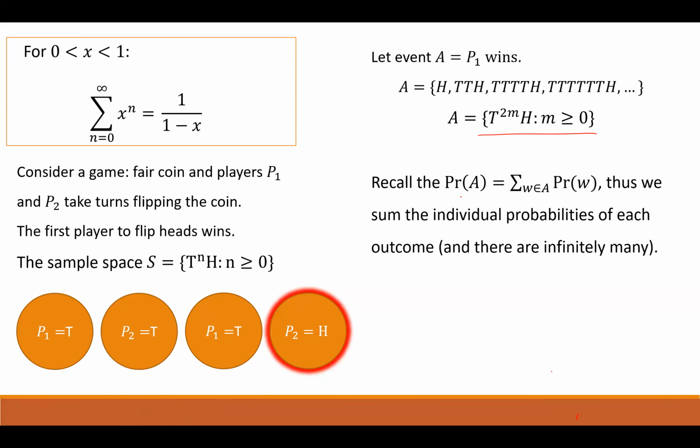So we're going to go back to our old school definition of probability. The probability of my event A is simply the sum of the probabilities of each individual outcome in that event, right? So we're going to look at the probability of every outcome that looks like this, and we're going to sum them all together. And of course, there's an infinite number of outcomes in this event.